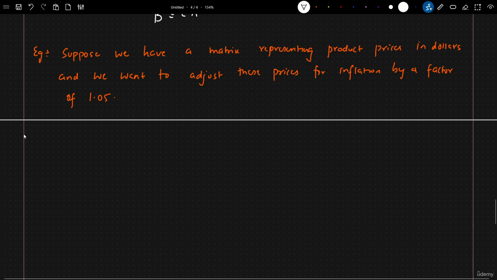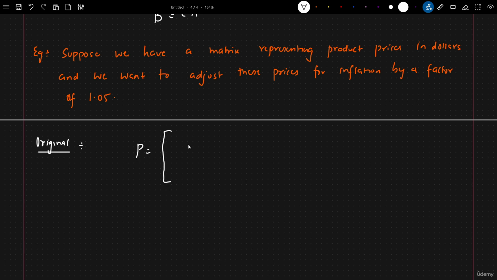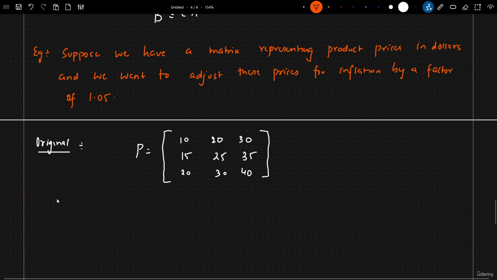So let's consider that the original prices of all these products, let's say we have it over here, right? So let's consider this 10, 20, 30, right? Then you have 15, 25, 35, right? Then you have 20, 30, 40, right? Now, if the inflation factor is 1.05, then if I want to adjust it, I will perform something called scalar multiplication.